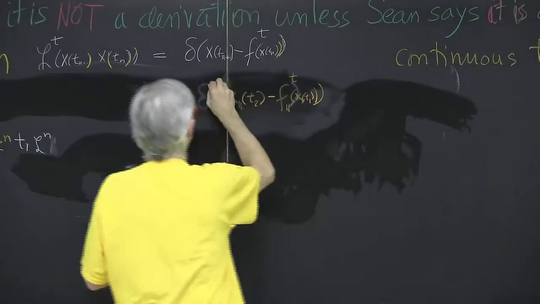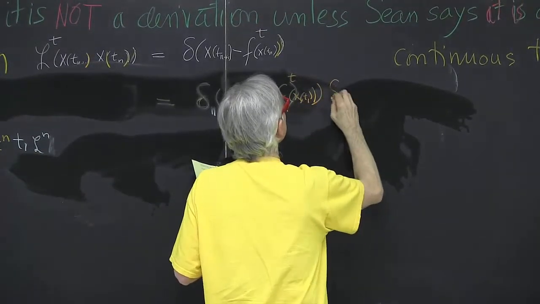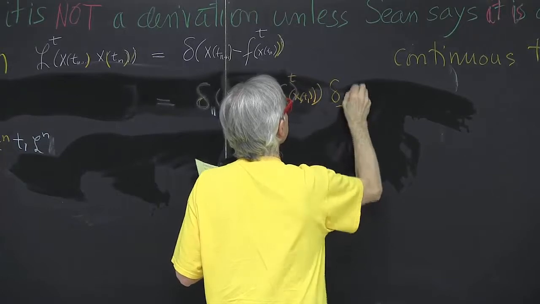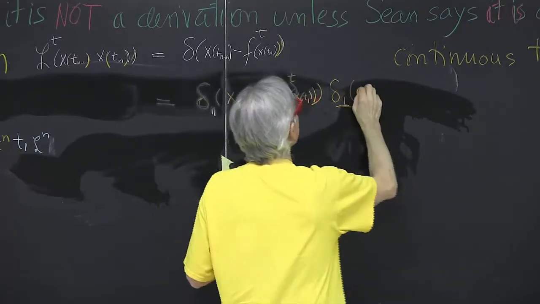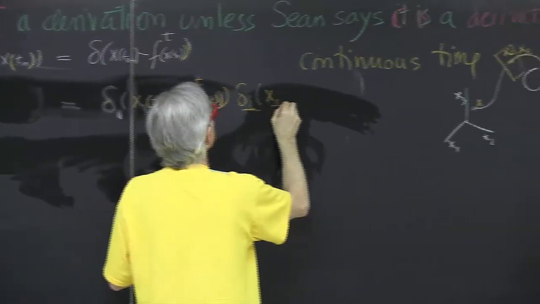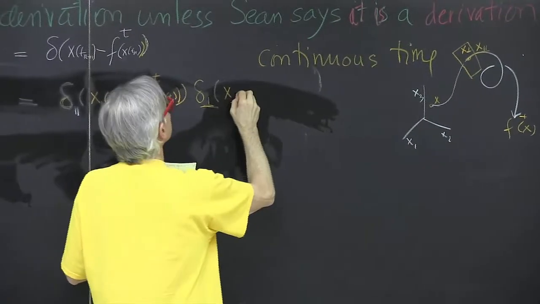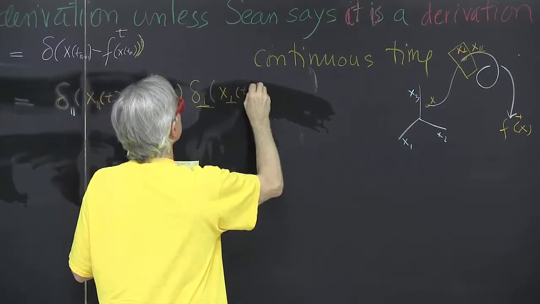So that's one dimension of the delta function. And then there is the remainder, which we'll call transverse. And that's d minus 1 coordinates in transverse directions, measured at time t2.